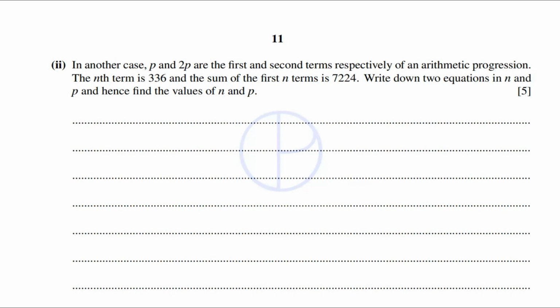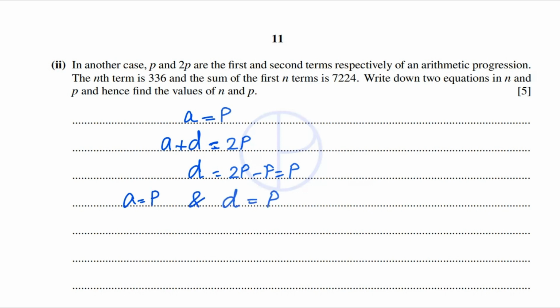This is an arithmetic progression. The first term is p, so a is p. a plus d is 2p, which gives d equal to 2p minus p, which is p. So a is equal to p and the common difference d is p.